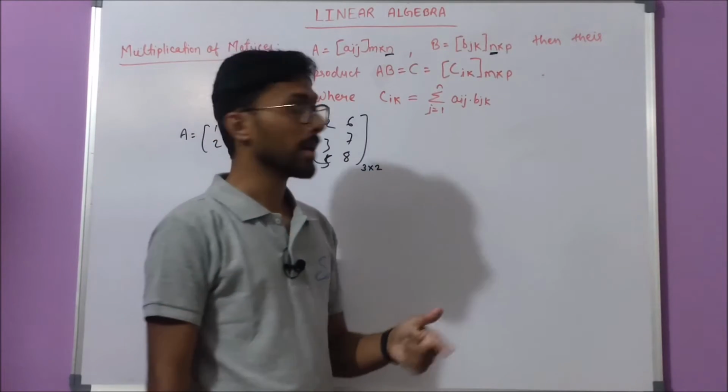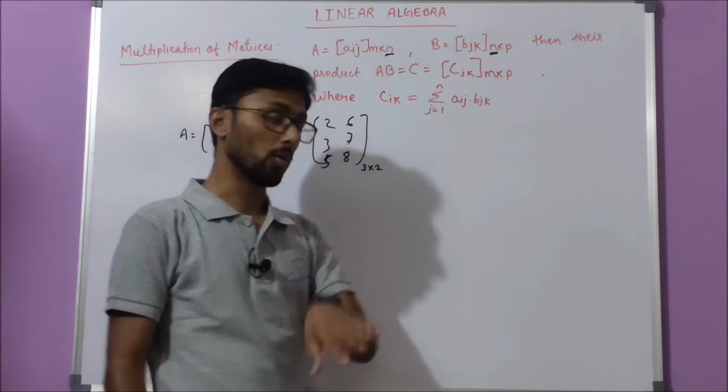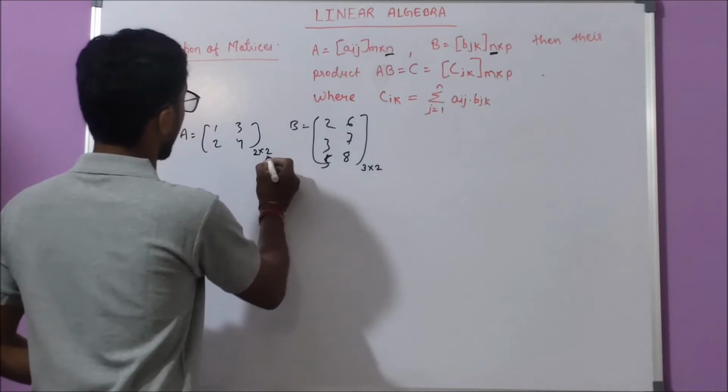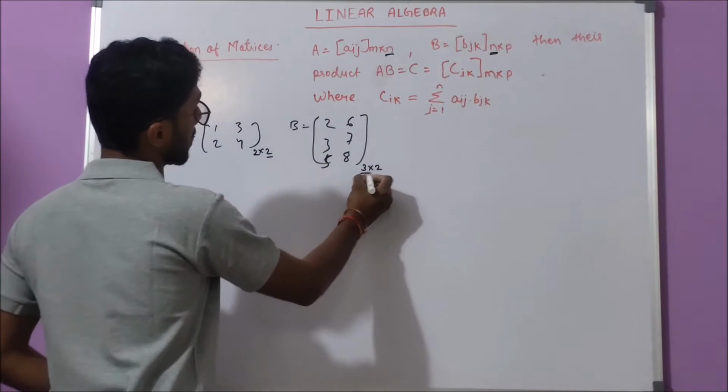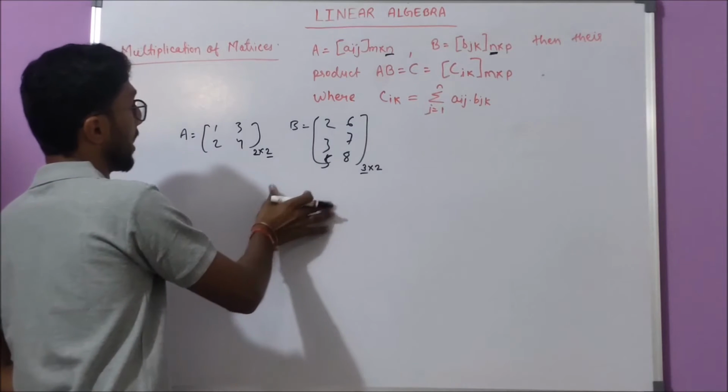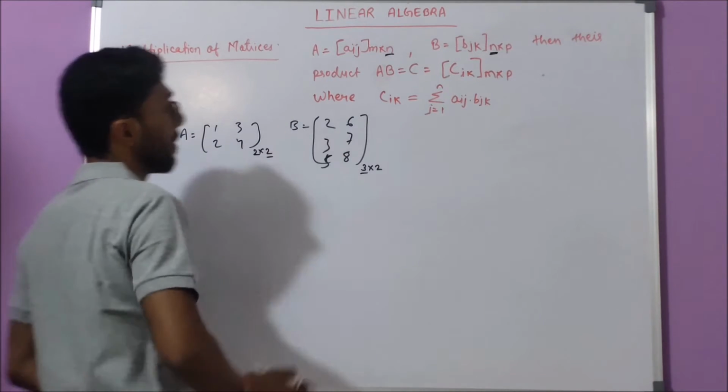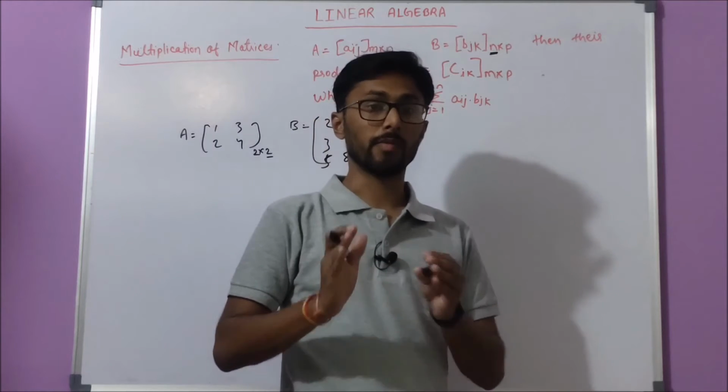Column from first and rows from second should be equal. So here the number of columns is 2 and here the number of rows is 3. So this is not compatible to be multiplied, so the matrix multiplication could not be performed.